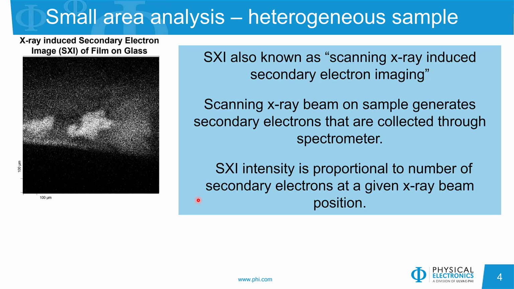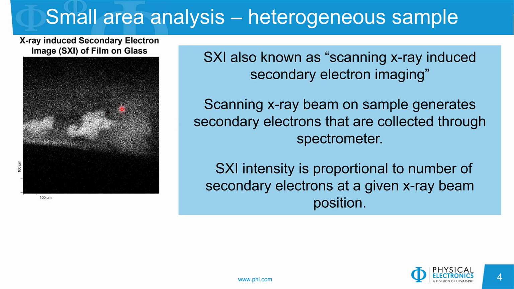So here's an example of an X-ray induced secondary electron image. In this presentation, we will be discussing a lot of SXIs, as we call them, and the technology behind them, and application. So SXI is a scanning X-ray induced secondary electron image. The same X-ray beam as used to produce spectral data is scanned, and that generates secondary electrons, and we can collect them through the spectrometer.